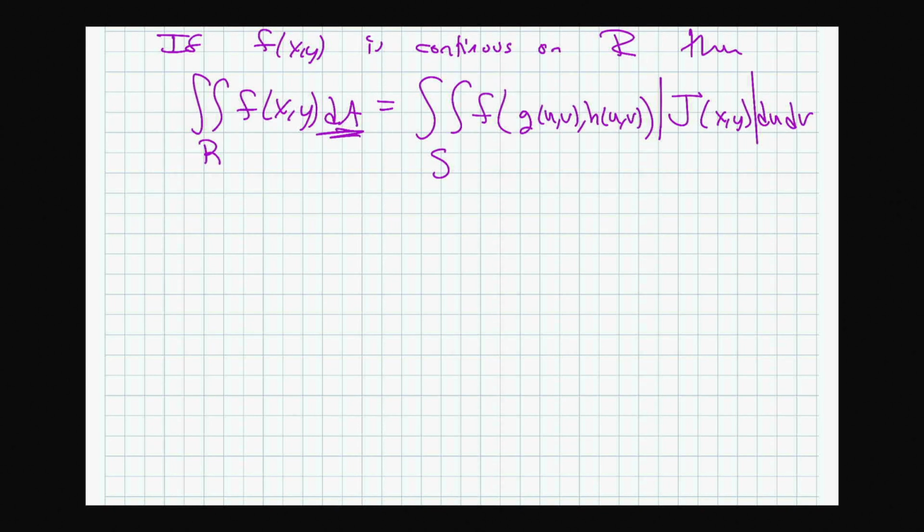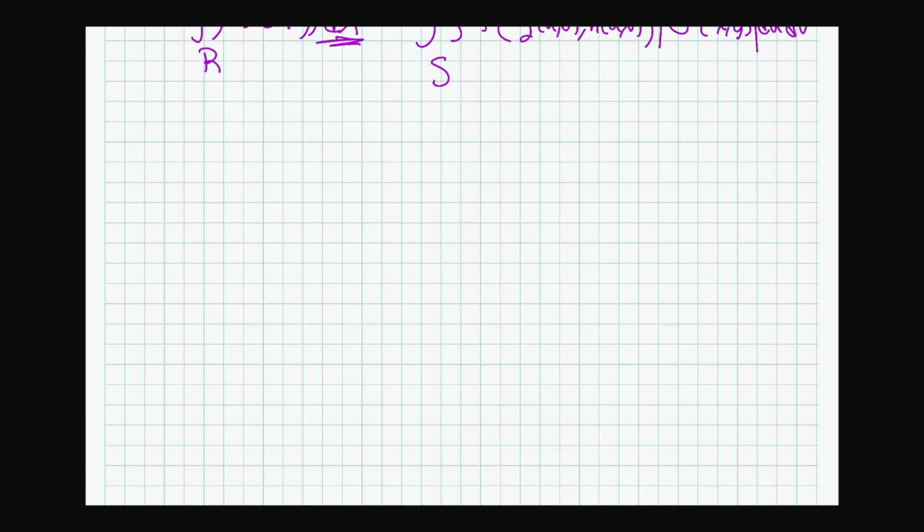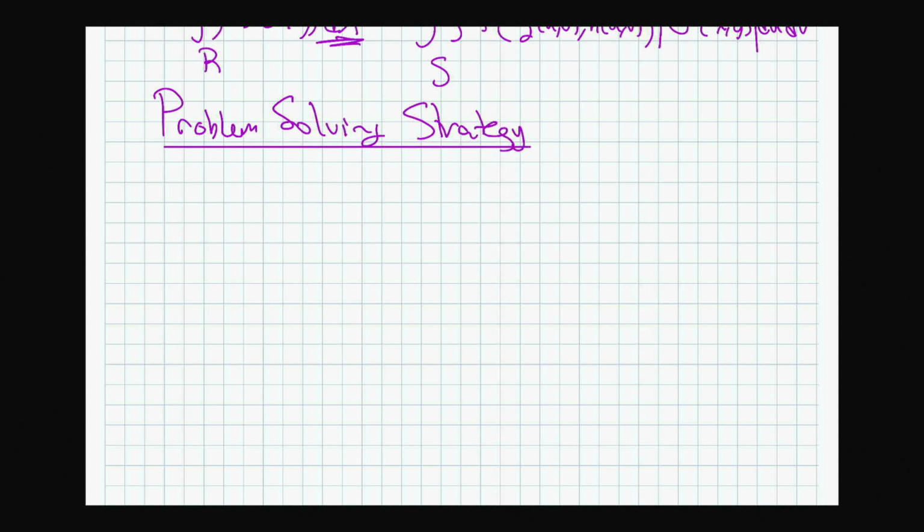Now, just knowing that is not really enough. I wrote that all down, but that's not how you're going to do integrals. There's a set of steps that we're going to follow. So let me write our problem solving strategy down and then we will try some. First, you start with an integral.